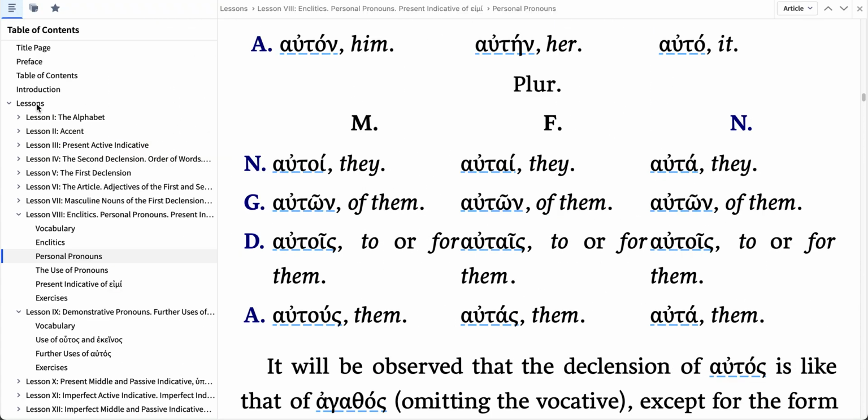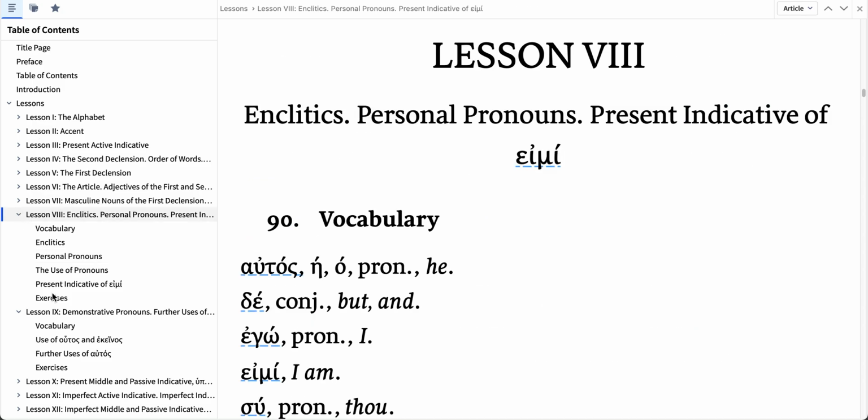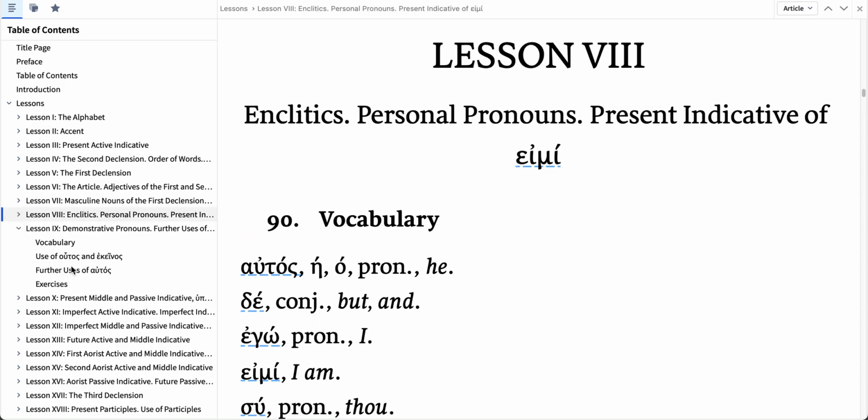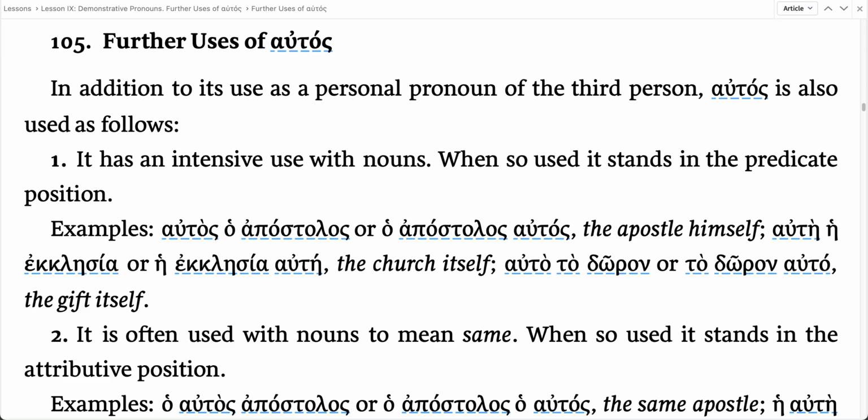Well, now there are some additional uses of αὐτός, and I want to show you these. In addition to its use as a personal pronoun of the third person, αὐτός is also used in the following ways. It has an intensive use with nouns. When it's a personal pronoun, it's just standing by itself normally, right?